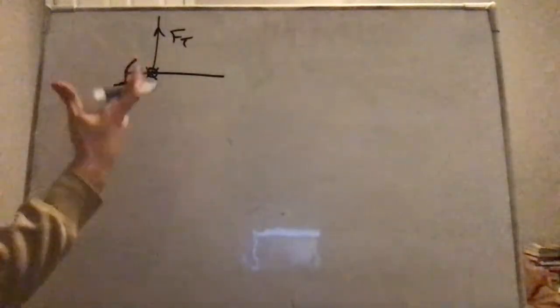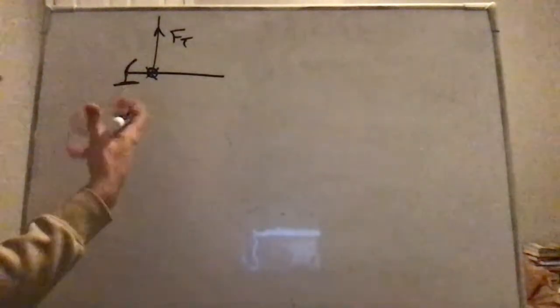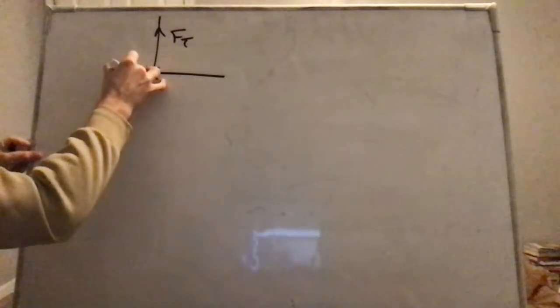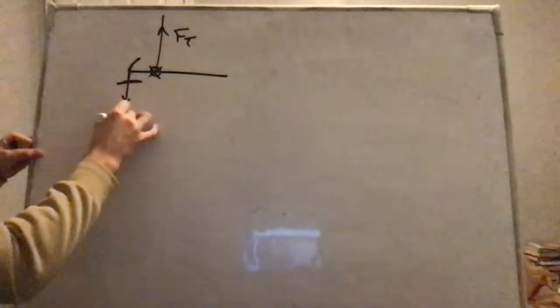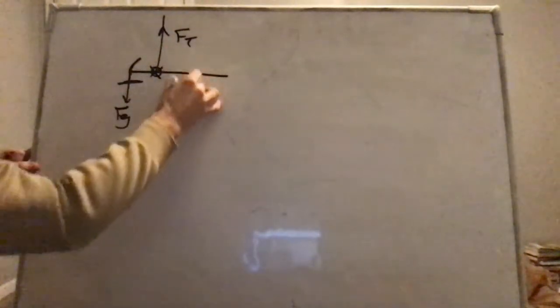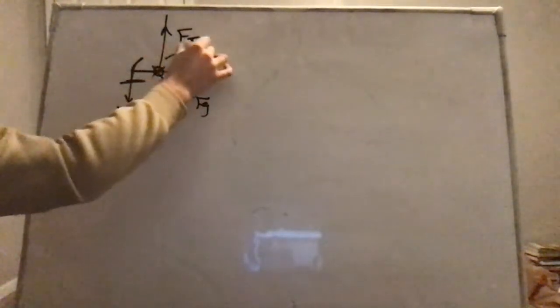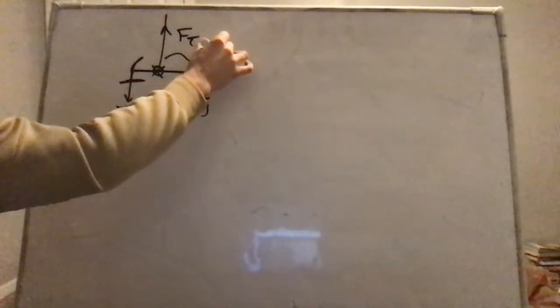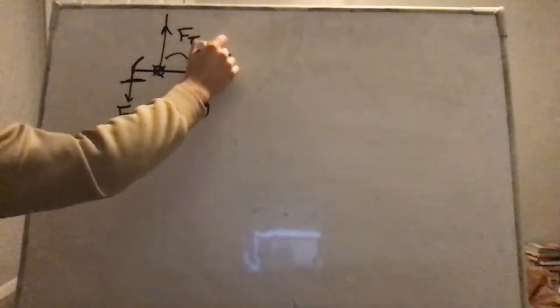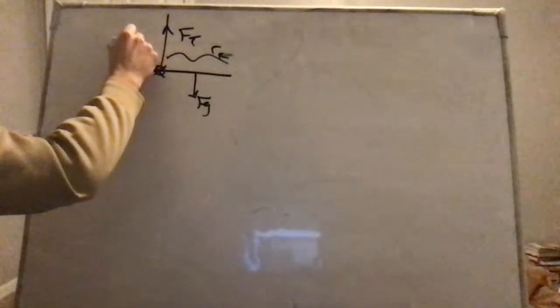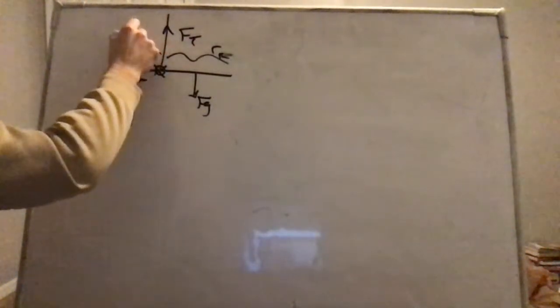There's clearly a tension force here holding the string up. The head of the hammer has an FG over here. The handle has an FG over here. This radius, we can call the radius of the right side, or R. We can call this radius over here the radius of the left side.